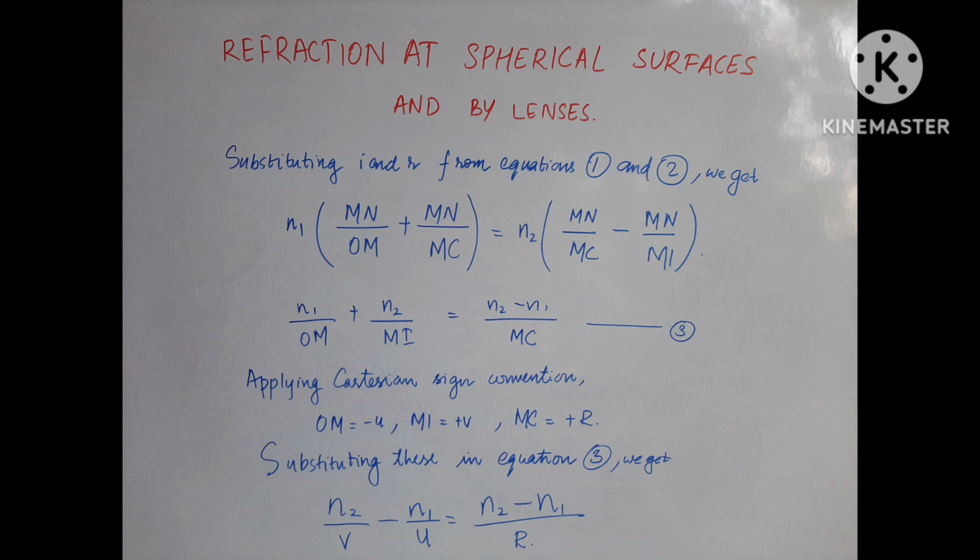This is our equation connecting n1, n2, v, u and r. This relation says how the refractive index is related to the object distance and image distance. It is very useful to derive our lens maker's formula.